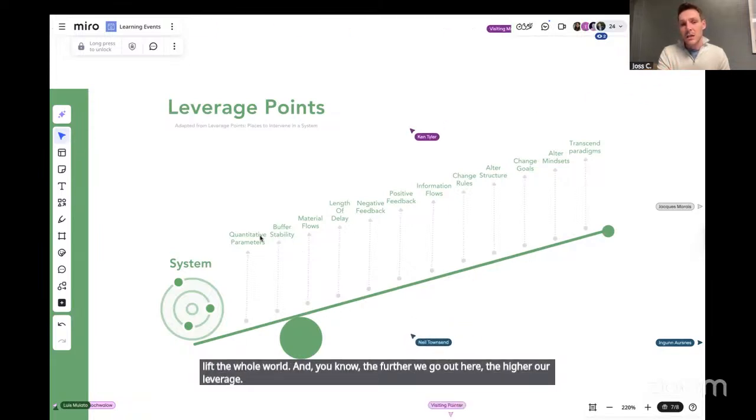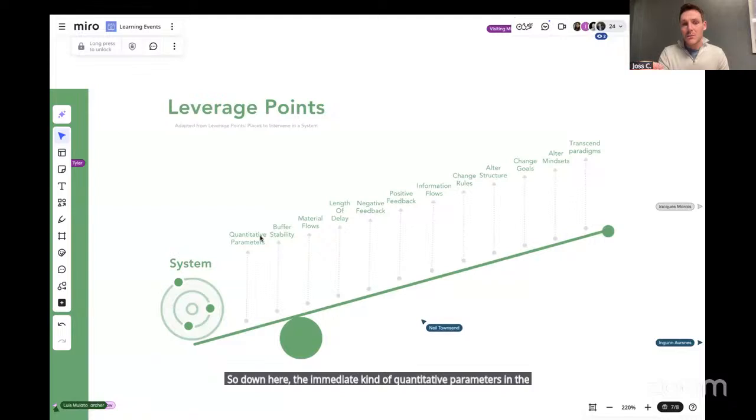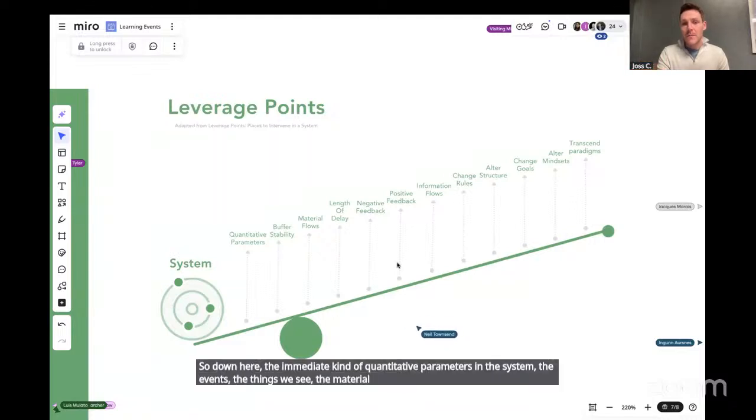So down here are the immediate quantitative parameters in the system, the events, the things we see, the material flows. And back up here are the underlying system dynamics and the flows of information, the rules. These are the systemic structures.